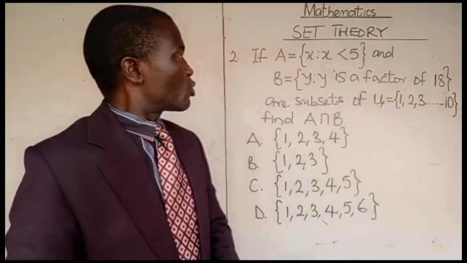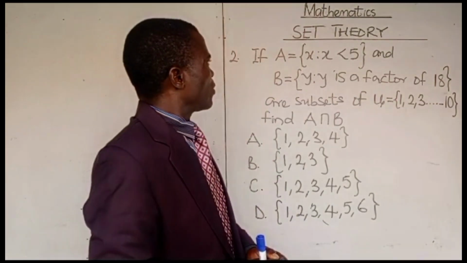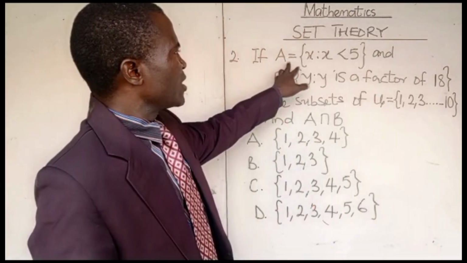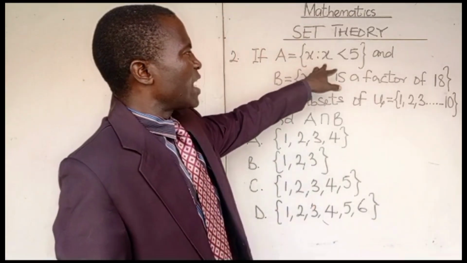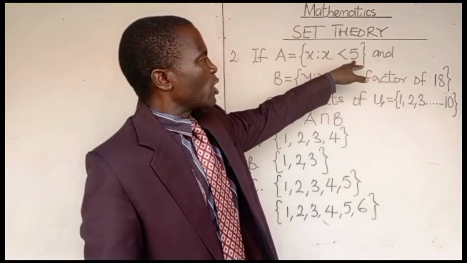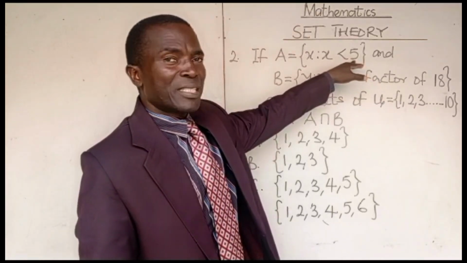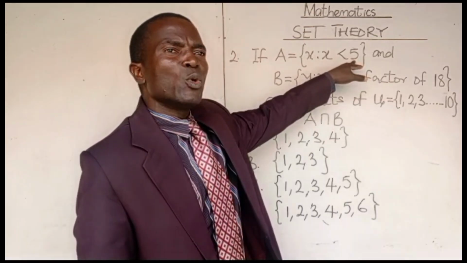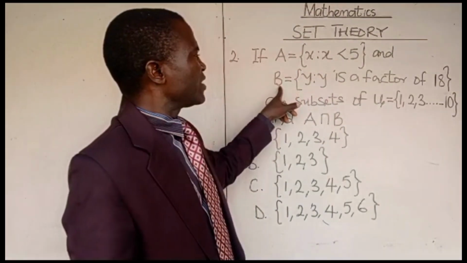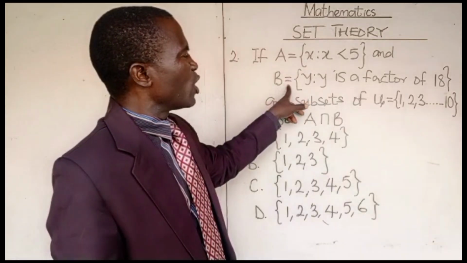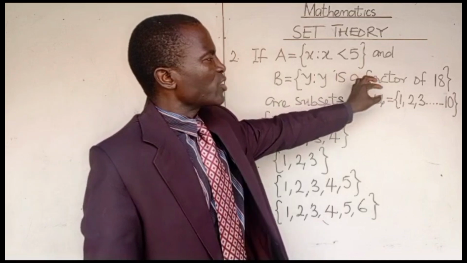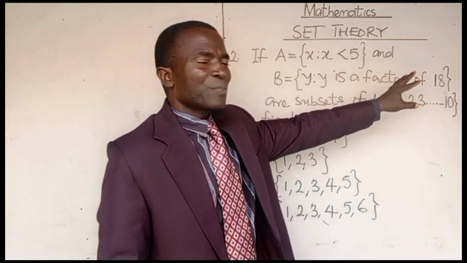Now let us look at that question of that year. We are told that if A, being a subset, is equal to x such that x is less than 5, that means we are going to look for numbers that are less than 5, excluding 5 itself, and subset B is equal to y such that y is a factor of 18.